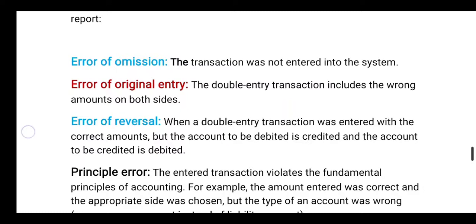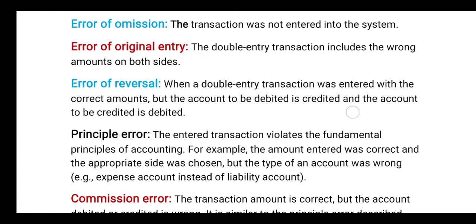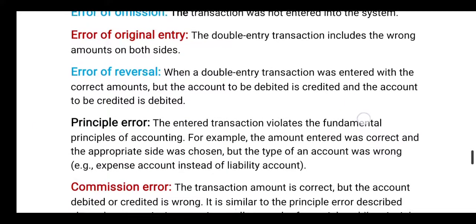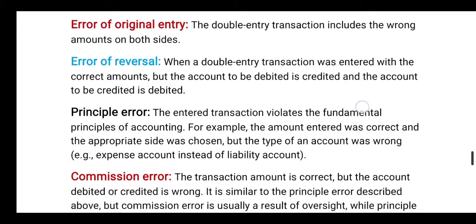Here, the transaction was not entered into the system. Sometimes the accountant forgot an entry at the time of journalizing. Then we go to error of original entry. It means the double entry transaction includes the wrong amount on both sides.